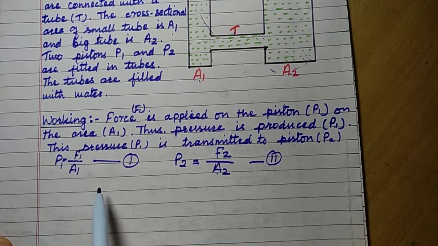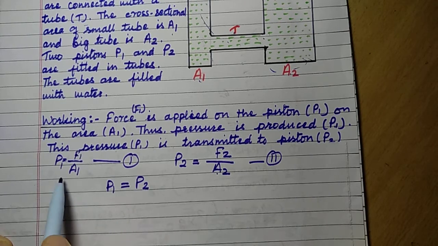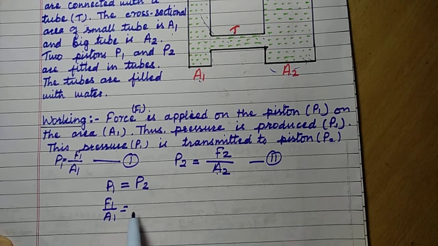Now according to Pascal's law, P1 is equal to P2. So here P1 is equal to F1 divided by A1 and P2 is equal to F2 divided by A2. Now rearranging the equation, by cross multiplication, A2 goes this side, A1 goes this side.